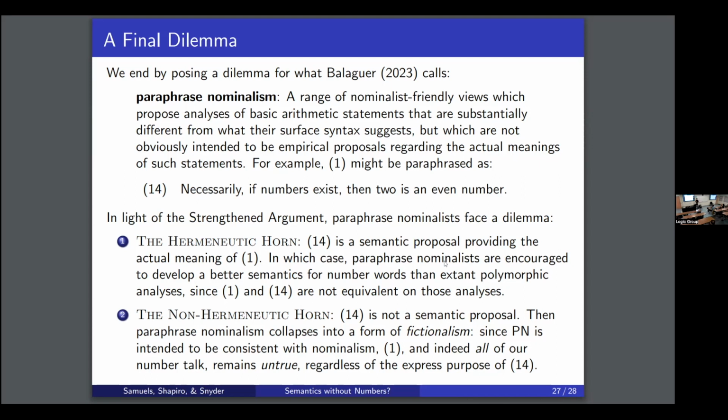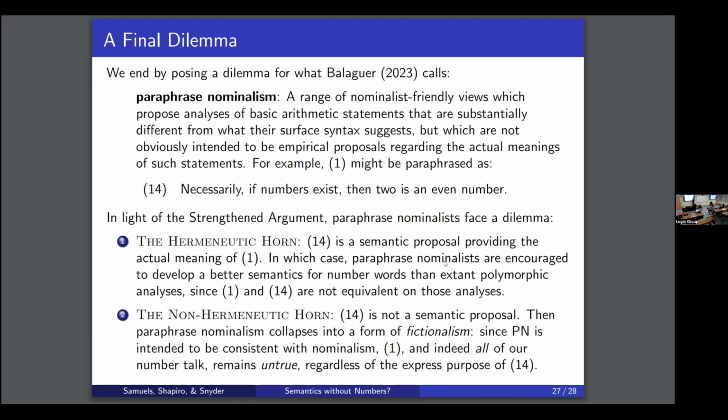So what's the second horn? Well, that's the non-hermeneutic horn. So this isn't a semantic proposal. It is something else. Again, Carnapian explication, rational reconstruction, whatever the proposal is. Fine. In that case, the view collapses into a form of fictionalism. Why?